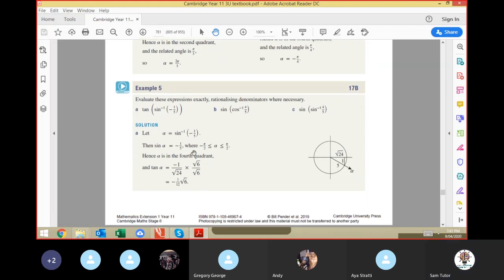I think I might have picked up where my math was incomplete. So let's just make sure that alpha equals inverse sine, yeah. Then sine alpha equals this. Yes, we said that. But we know that for inverse, your alpha must be between negative 90 and 90.